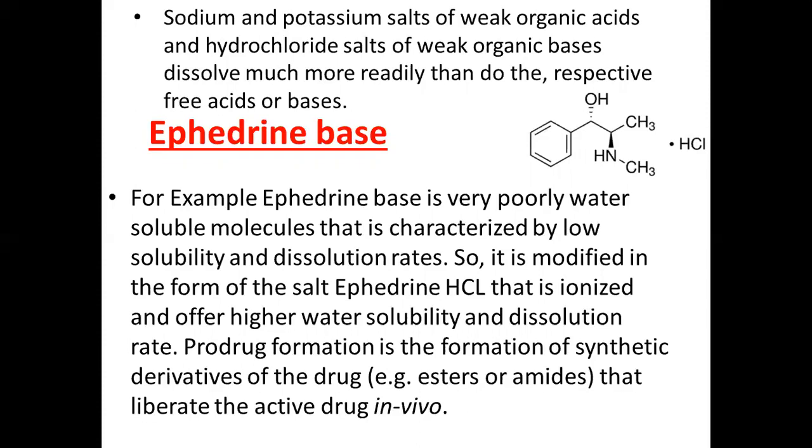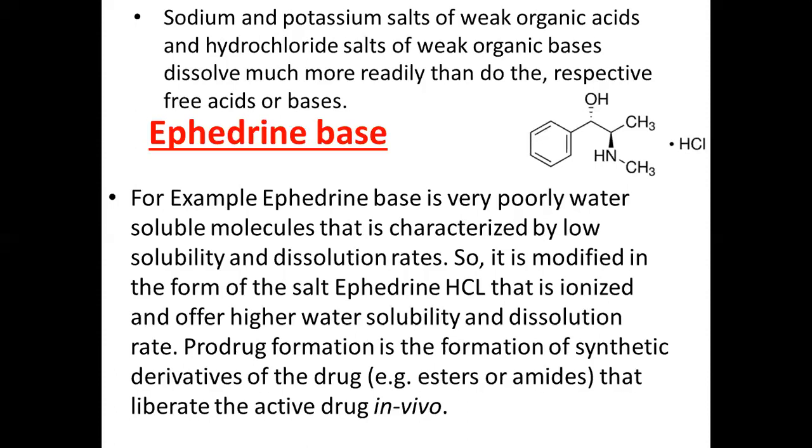Here is quoted the example of ephedrine base, and what's shown over here is its solubility. For example, ephedrine base is a very poorly water soluble molecule. Here is the structure of ephedrine without the HCl molecule.